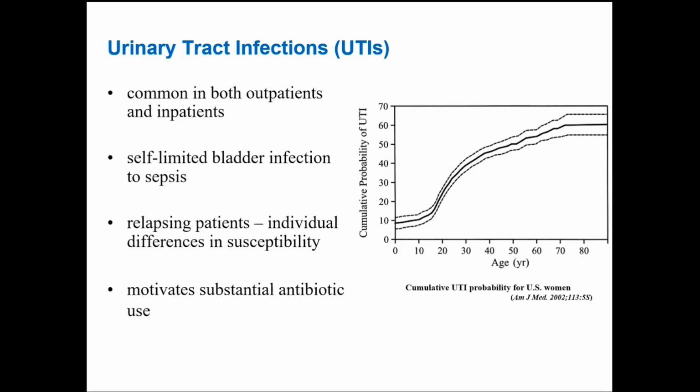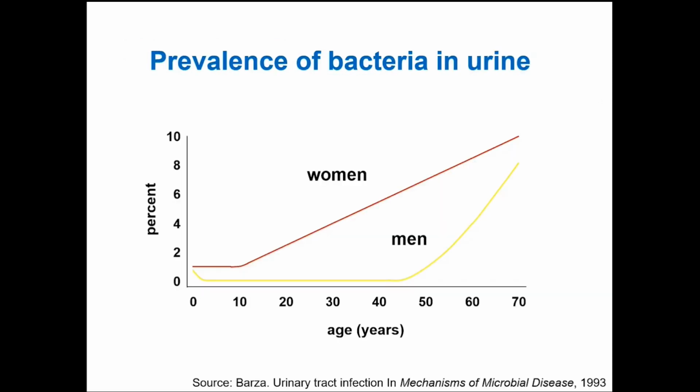A notable subgroup of patients with urinary tract infections will relapse, will have frequent recurrences of UTIs, and this subpopulation is familiar to many treating patients in the outpatient space. It's also notable that urinary tract infections motivate substantial antibiotic use at a population level.